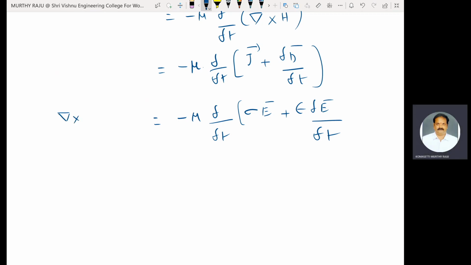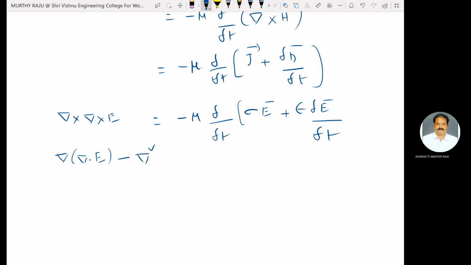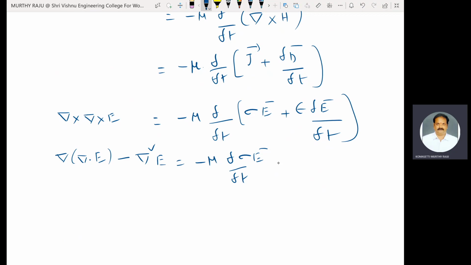This one is curl of del cross E. Apply the identity here: del of del dot E minus del square E is equal to minus mu sigma dou E bar by dou T minus epsilon mu dou square E bar by dou T square.